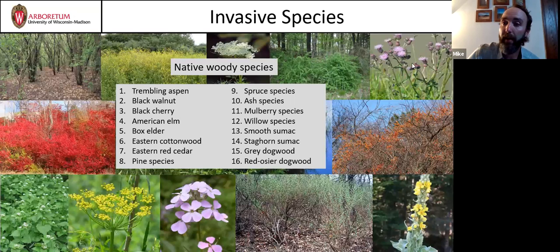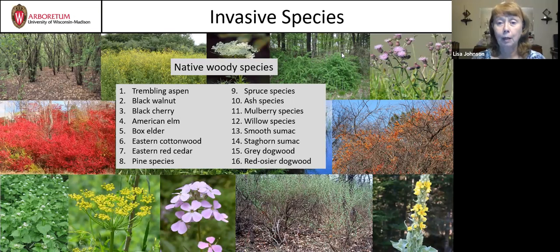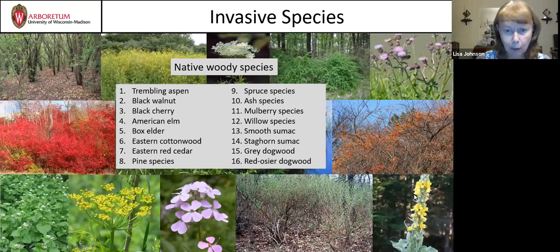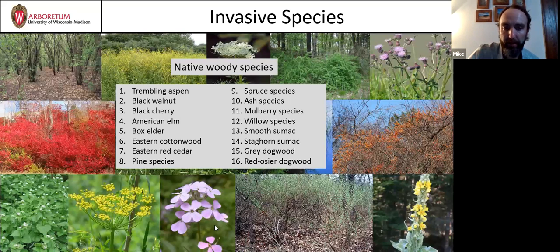Okay, Canada thistle up here. Japanese barberry. This is Oriental bittersweet. Oh, wait a minute, common mullein, there we go. One of the honeysuckles. This is Dame's rocket, related to garlic mustard, everybody's favorite wild parsnip.